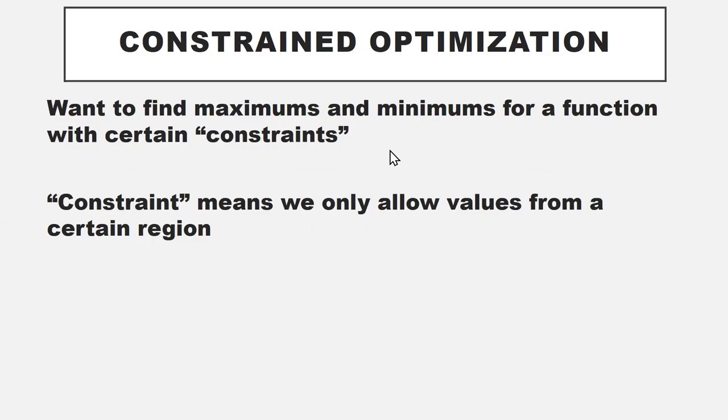Now, the other thing we can do with this technique is find maximums and minimums for a function with certain given constraints. So what we mean is a constraint means that we only allow values from a certain region. So we're going to only allow certain x values and certain y values.